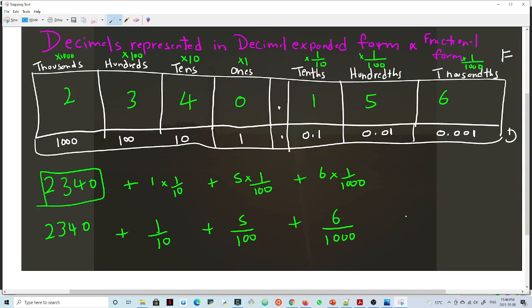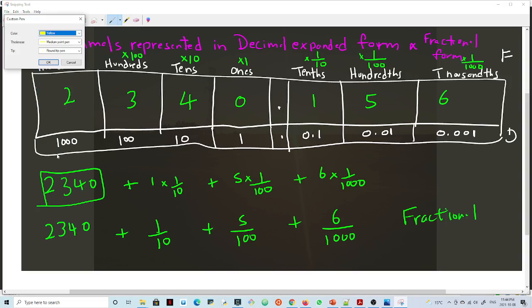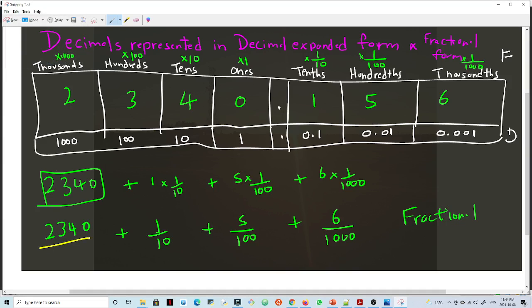And this is going to be the fractional version of it. So in this case here, this is your whole number part, and these are the expanded fractions. So you see that 1 is 1 upon 10, 5 is 5 upon 100, it's in the hundredth column, and 6 is in the thousandth column, so it's 6 upon 1,000, right?